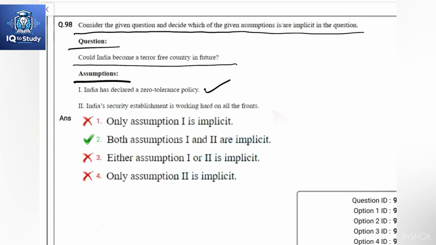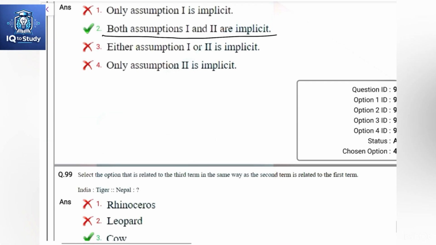Assumption 1 is implicit because for a terror-free country in future, first we need planning, and India has declared a zero tolerance policy. And assumption 2 is also implicit because if India is to become a terror-free country in future, country security is very important and we need to work hard in this field. So both assumptions 1 and 2 are implicit.